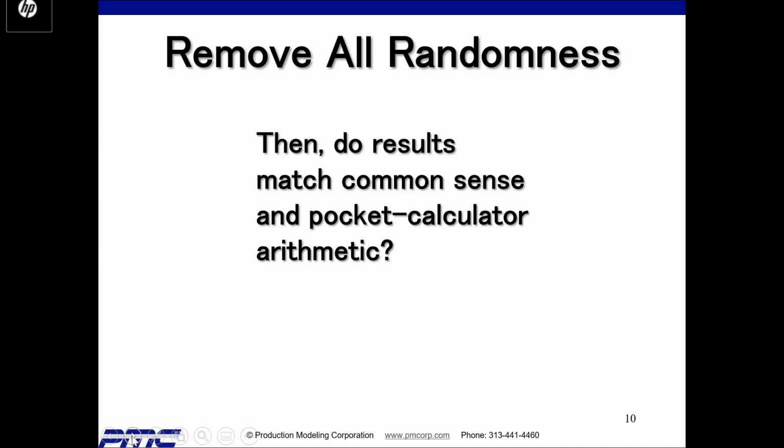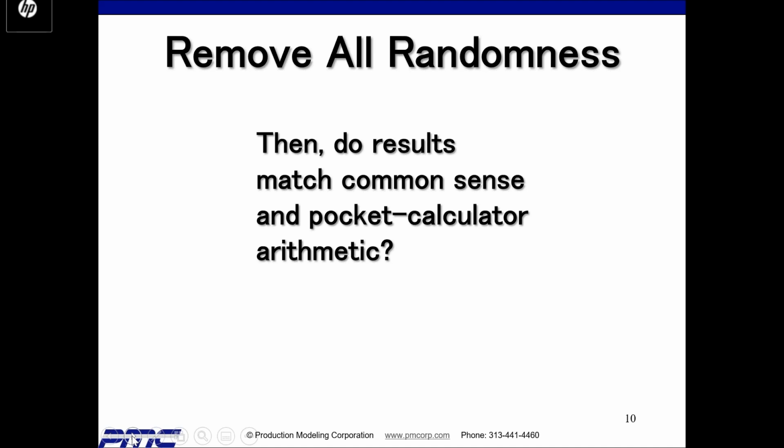So the simulation model is certainly, ultimately, going to contain randomness. But early on, take the randomness out, or don't put it in just yet, run the model without randomness, and then check the results against common sense, a pocket calculator, a simple Excel workbook.